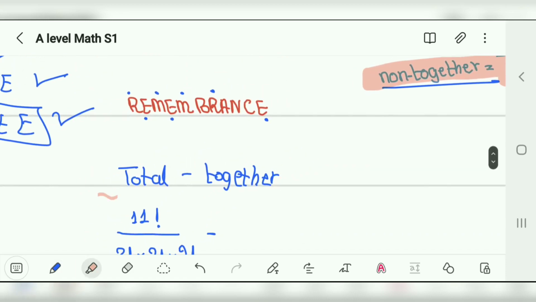vowels are next to each other. So which ones are the vowels? E is a vowel, E is a vowel, A is a vowel, E is a vowel.